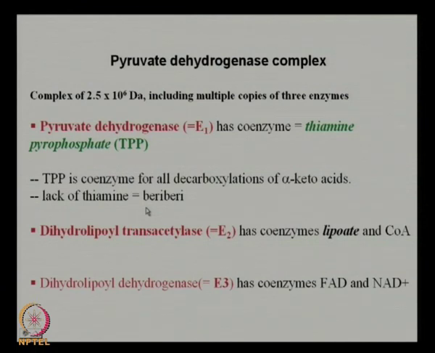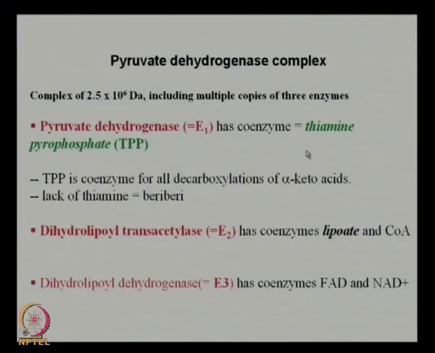Besides that, there are 5 coenzymes actively involved in this reaction, and those coenzymes are thiamine pyrophosphate, designated as TPP, lipoate, coenzyme A, FAD and NAD. These are the 5 coenzymes involved in conversion of pyruvate to acetyl CoA.